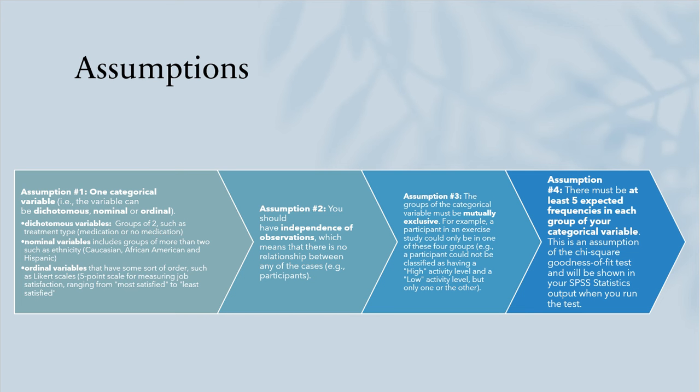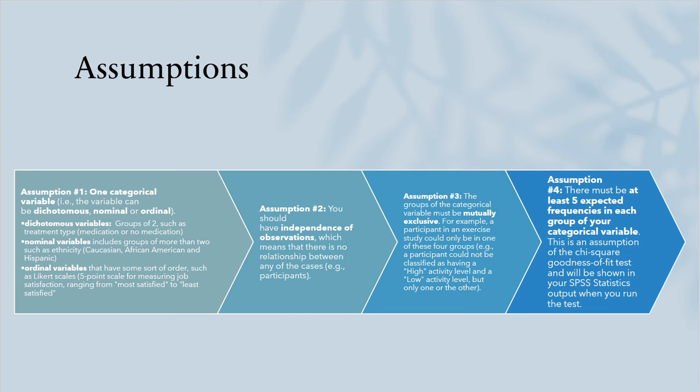If we're using the example of exercise level, they can't be in both a high level and a low level. And the final assumption is that there are at least 5 expected frequencies in each group of your categorical variable. So at least 5 people, or a frequency of 5, would be in each category.